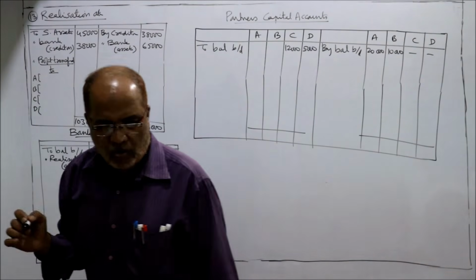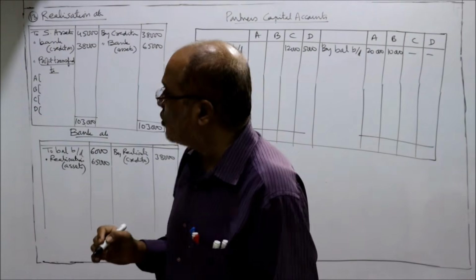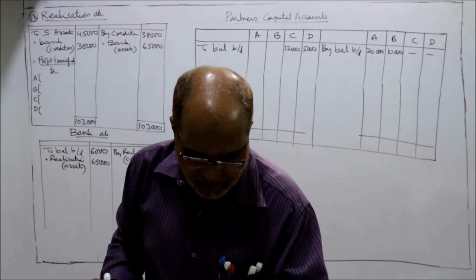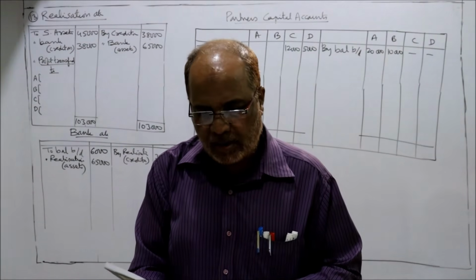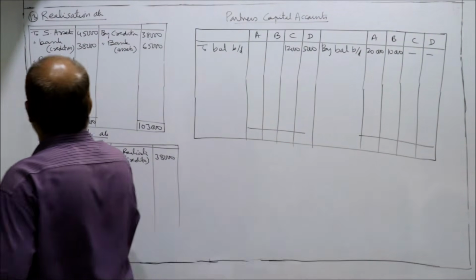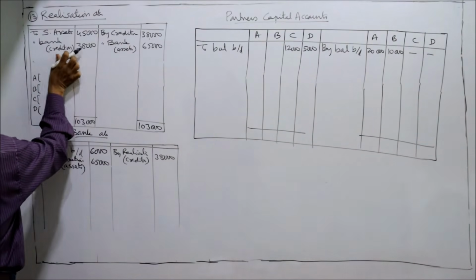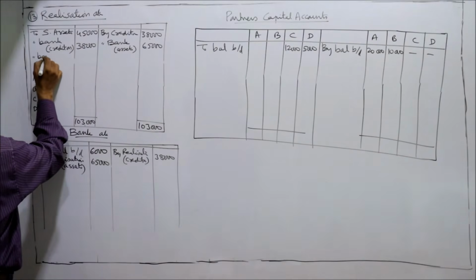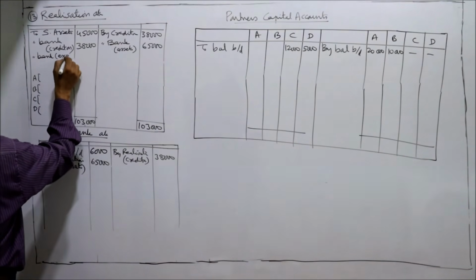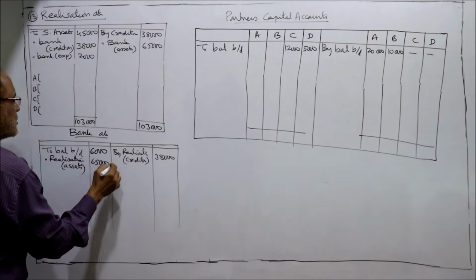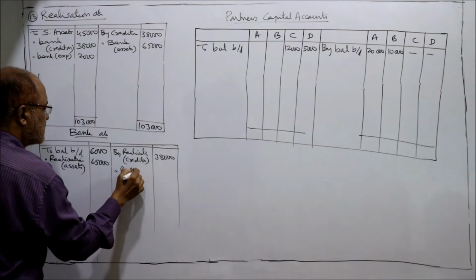How much is the profit we got? Realization expenses are there. Sorry, realization expenses 2,000. To bank. Expenses of realization 2,000. By realization.